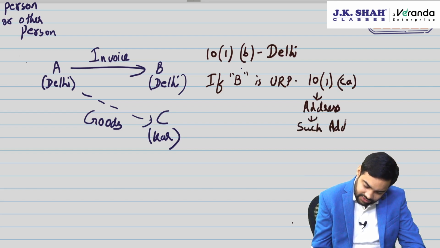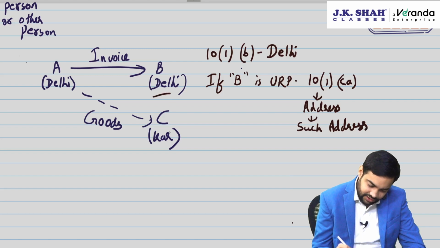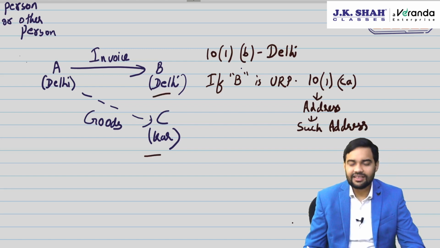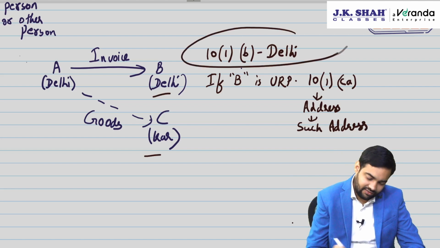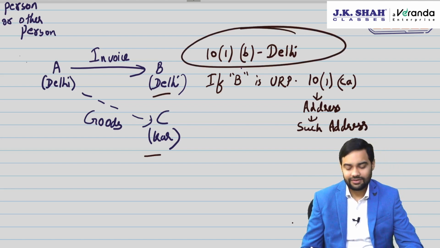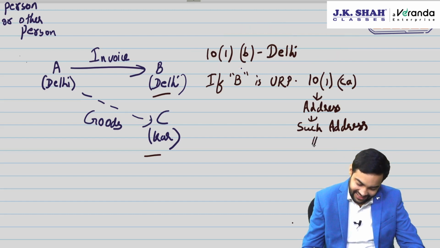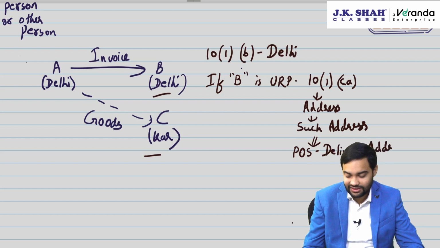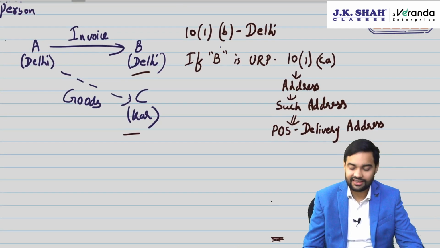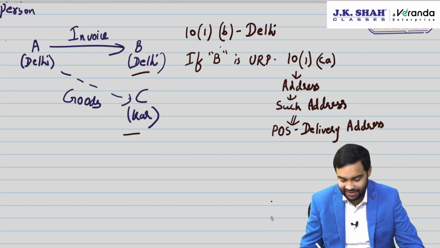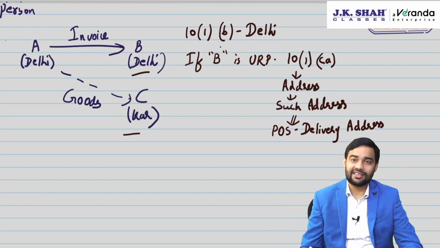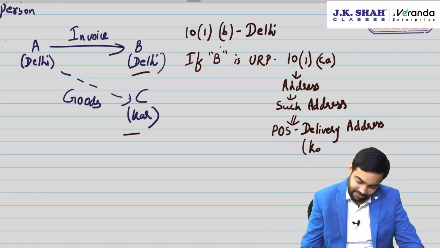Because there are two addresses, one is Delhi address, one is Karnataka address. Sir, technically it should be Delhi, because 10.1b is also saying Delhi. Now, government has said that the place of supply will be the delivery address, and they have given an instruction to the supplier saying that you use delivery address as the place of supply, and that should be considered as the address of the recipient. So the place of supply will be Karnataka.